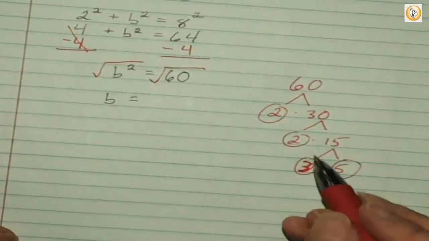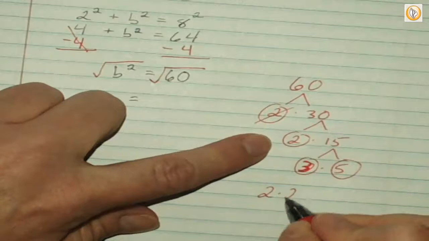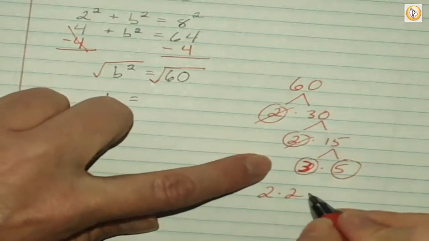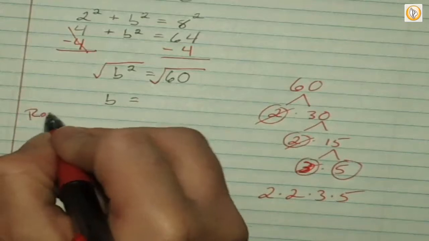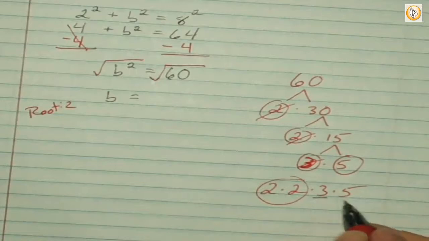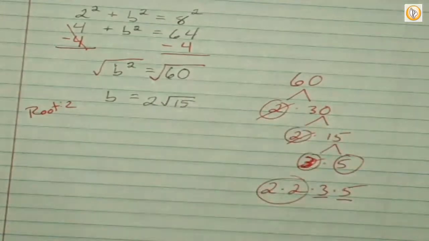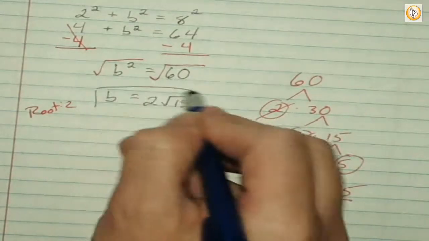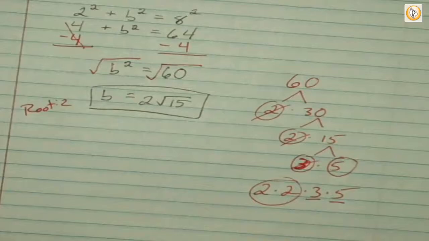I have 2 times 2, 3, and 5. Valeria, what is my root? 2. So I'm circling my pair. What's my answer? 2 square root of 15. Excellent. That is exactly how you do it. Because these go on the inside, that's 15. This is on the outside. Any questions?